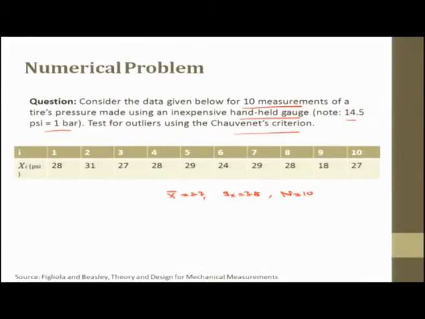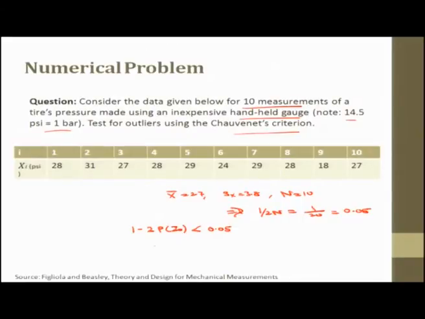Now, n is equal to 10, that implies 1 by 2n is equal to 1 by 20, which is equal to 0.05. This means the outlier would be if 1 minus 2 into probability of z naught is less than 0.05.